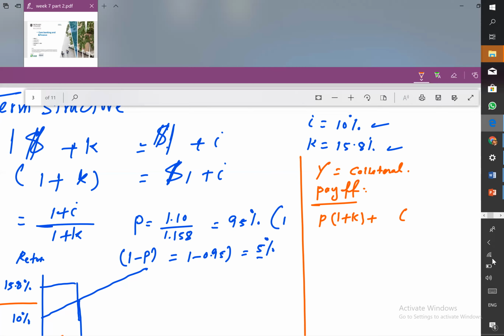My dollar plus the K times the probability of defaulting, which is 1 minus B.